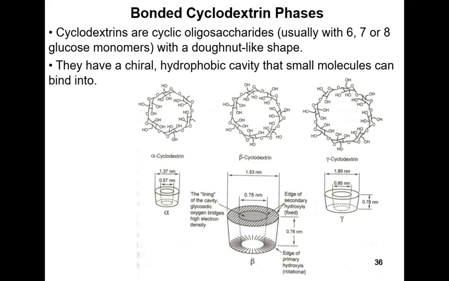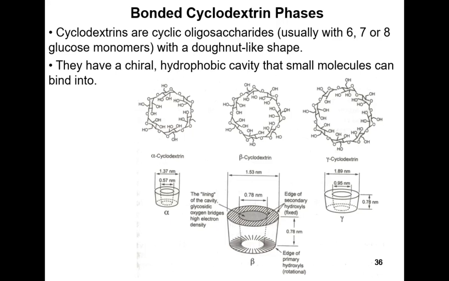And they form quite rigid structures basically with a hole in the middle. And depending on the number of glucose units, the hole has different sizes, as illustrated here. Generally, the most useful one is beta-cyclodextrin.